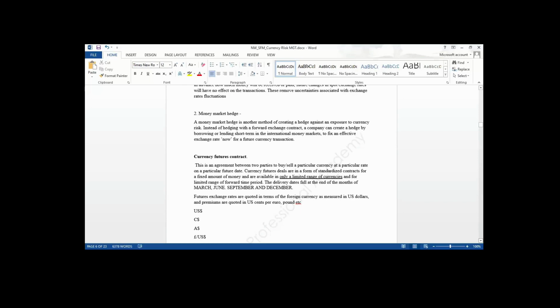The contract is standardized and the amount is fixed. It could be $50,000 per contract, $40,000 per contract, or £40,000 per contract. And these contracts are available only in limited range of currencies.